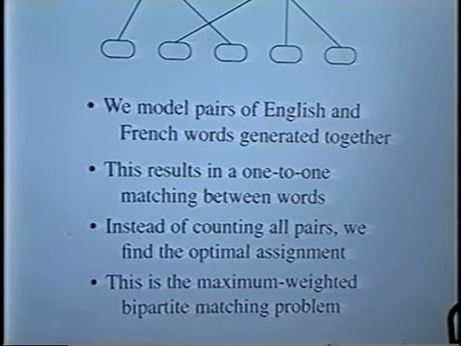And so, in order to model this, we collect counts over not all alignments, but only the best alignment, the optimal assignment between the two sentences. And this reduces very nicely to a well-known problem from graph theory known as the maximum weighted bipartite matching problem. It has an optimal solution, and has been studied.